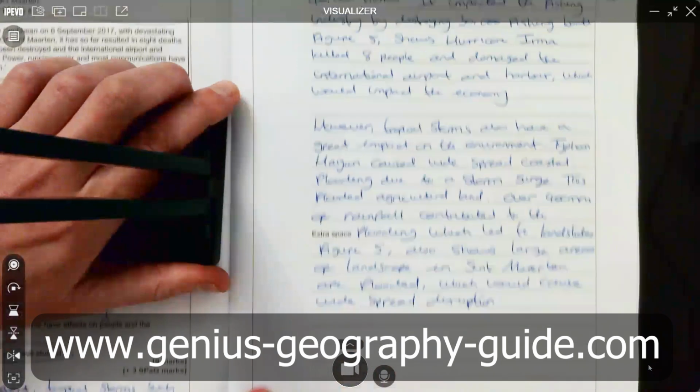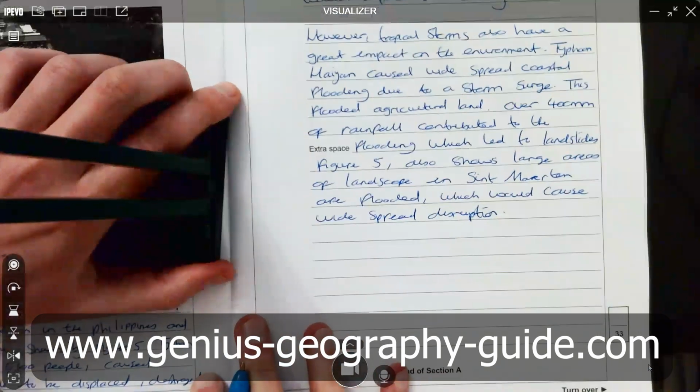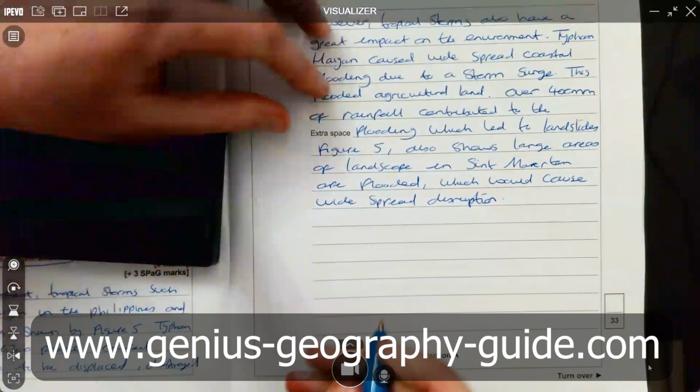Now, for this 9 marker, you cannot get above 7 marks if you do not include a conclusion.